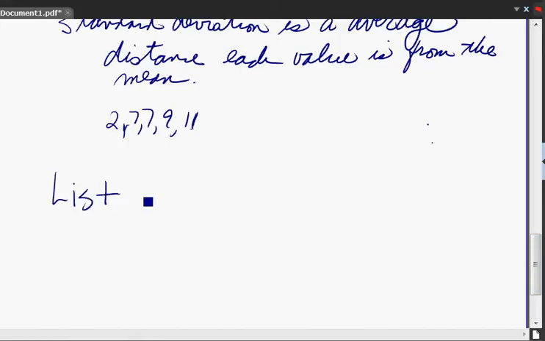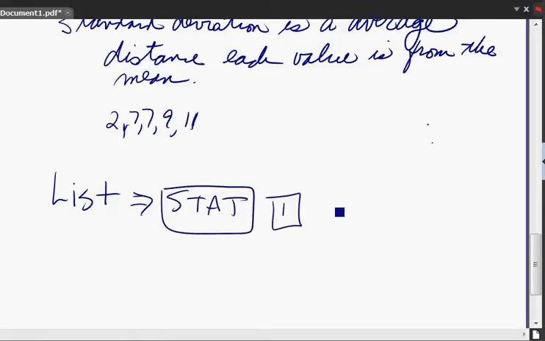All right. So you hit Stat. You hit the number 1, which is Edit. You look at your list 1. Do you remember how to clear out your list 1 rather than delete it? Okay. So arrow up all the way to the top and then hit Clear.